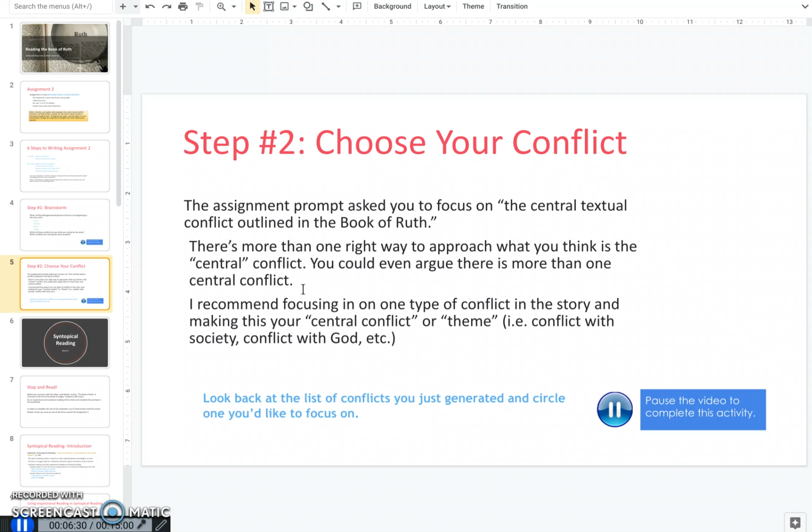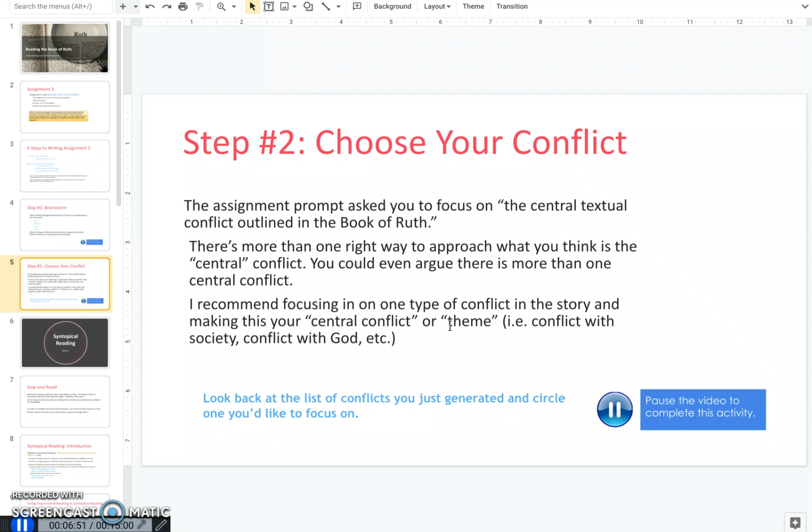In literature, it's more about how well you can defend your answer rather than getting the right or wrong answer. So what I want you to focus on is what conflict in the story you think is the most important to understanding the main message of the story.